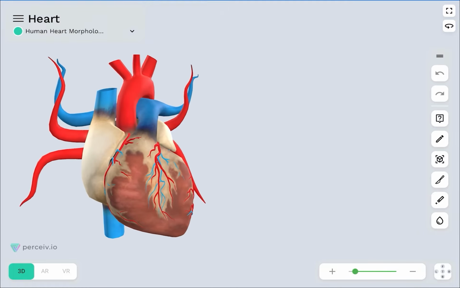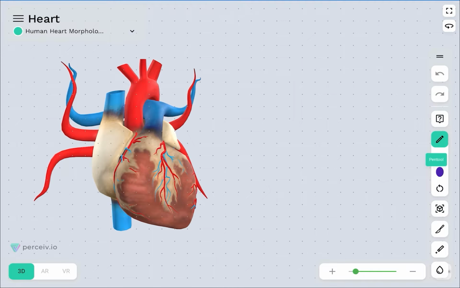When we talk about the heart, the study of the heart is usually called cardiology. The study of the heart comes under a very unique branch of biology, and that is called cardiology.